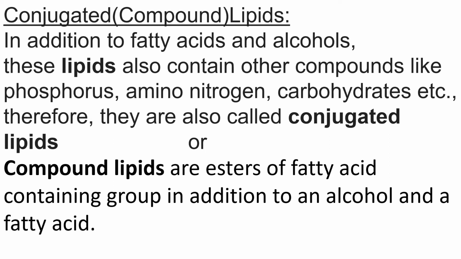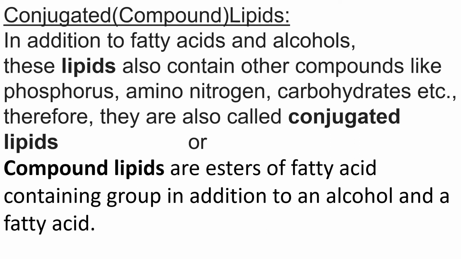In compound lipids, as we know, lipids are esters of fatty acid and alcohol. So in addition to fatty acids and alcohols, these conjugated lipids also contain some other compounds like phosphorus, amino nitrogen, or carbohydrates, etc. That's why they are called conjugated.